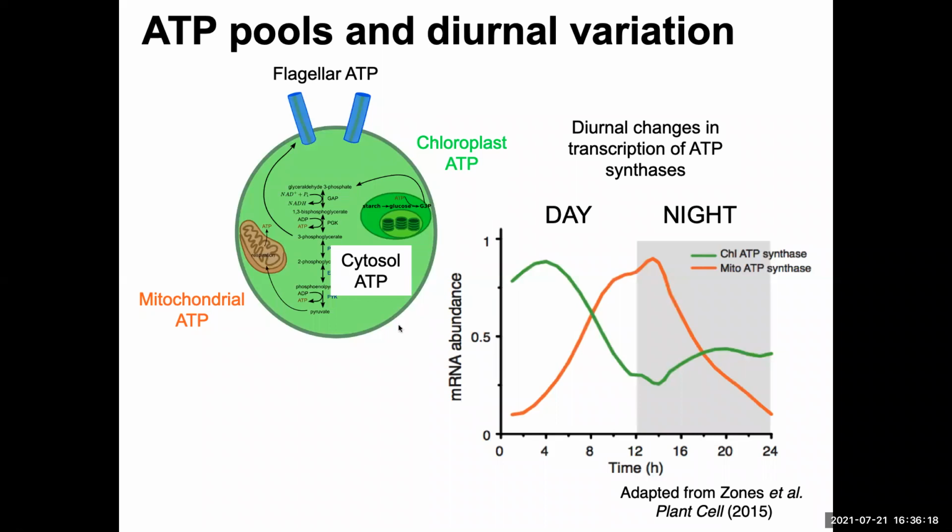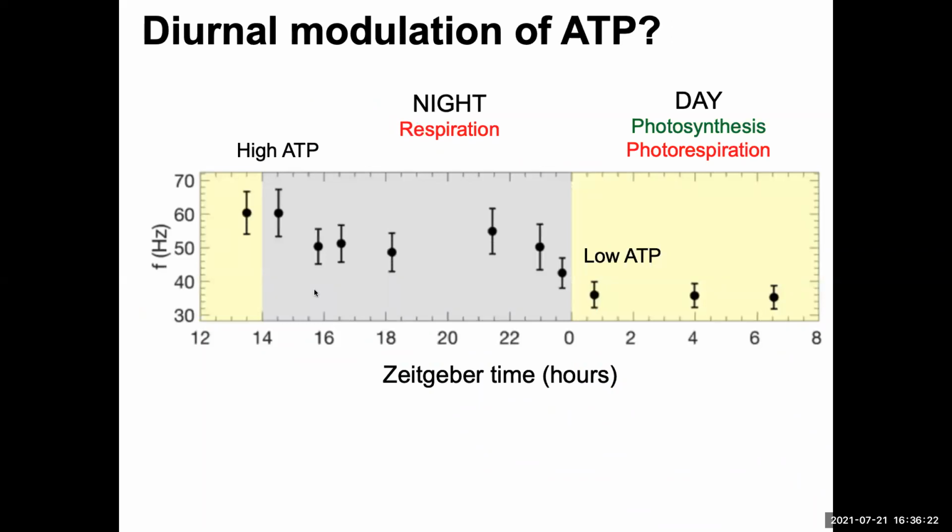So if you take our frequency diagram and you assume that the high frequency corresponds to high ATP and low frequency corresponds to low ATP, then you can hypothesize that the ATP is maybe dropping during the night, and that might make sense.